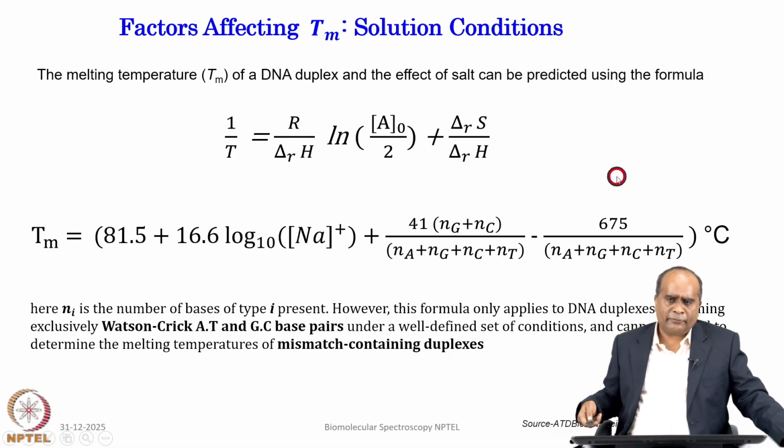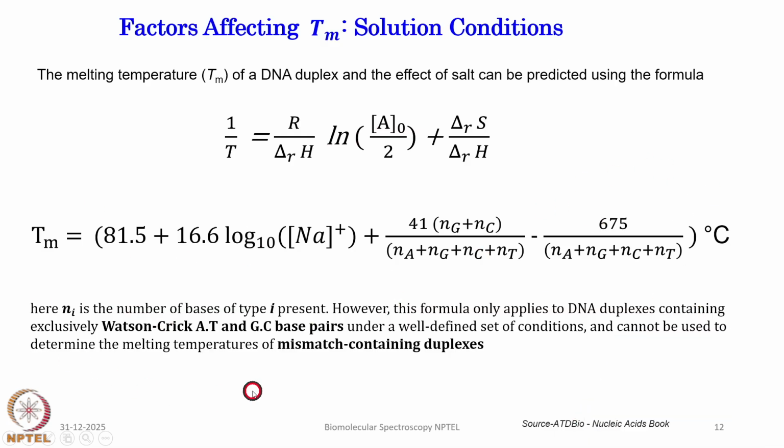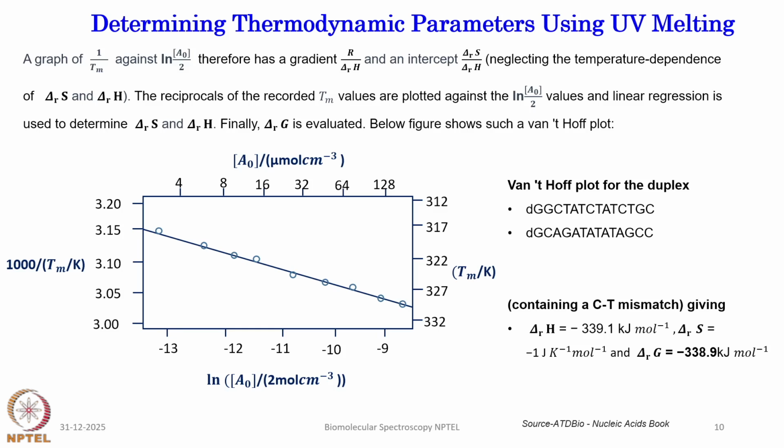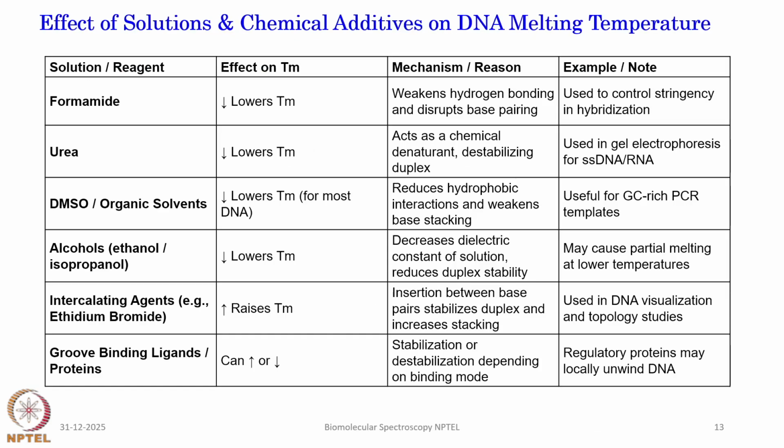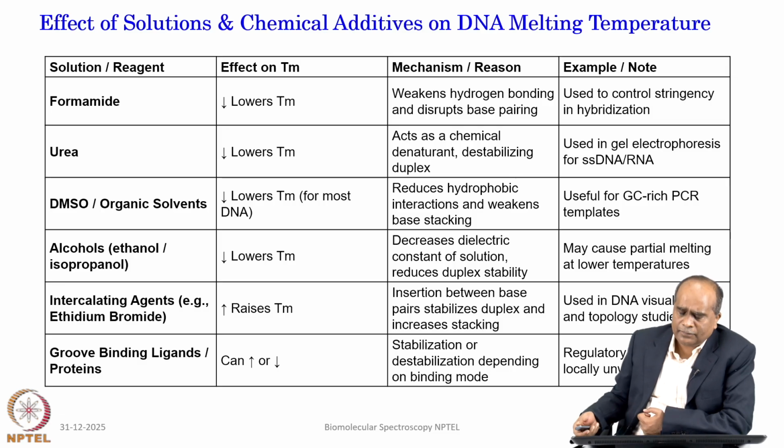You can find out the basic parameters: the number of bases present, and it applies to DNA containing Watson-Crick AT or GC, and you can include a mismatch if it is happening. If you remember, we have seen that a mismatch can be detected. Similarly, you can do all those analyses in different salt concentrations, so a mismatch-containing duplex you can find out. These are the parameters that dictate DNA melting.